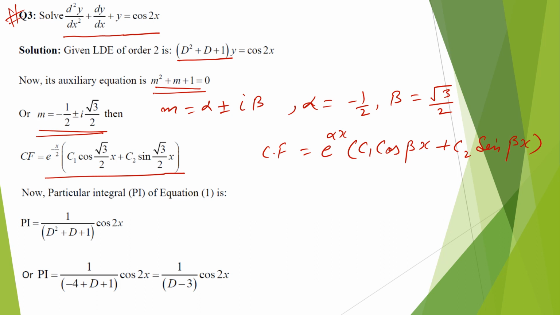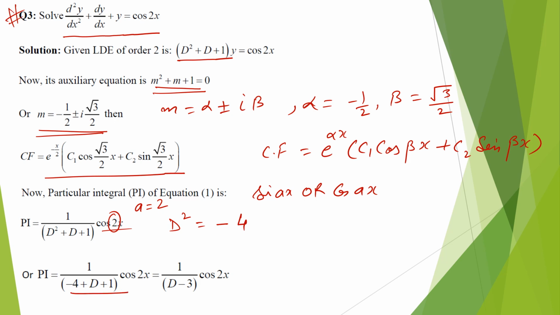And for the PI, again 1 over d square plus d plus 1, cos 2x. Substituting d square equal to minus 4, because small a is equal to 2 when we compare with sin ax or cos ax. So the value of a is 2.